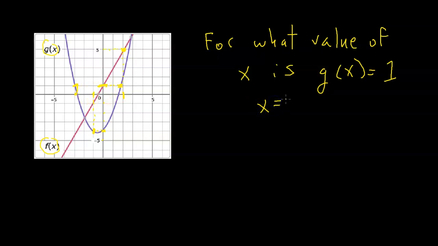So this is true for x equals -3. And over here, it looks like x is a little bit less than 2, right? So let's call it x equals 1.9. Okay, hopefully that makes sense to everyone. So x equals -3 produces an output of 1 for g. So that means g of -3 equals 1.